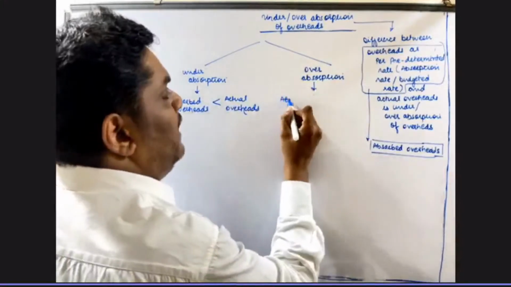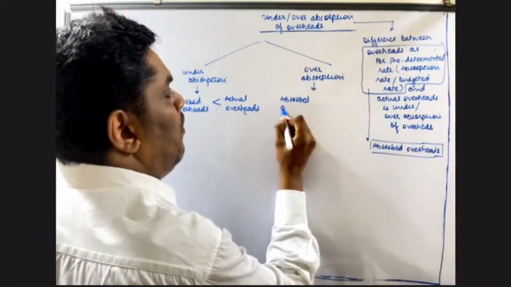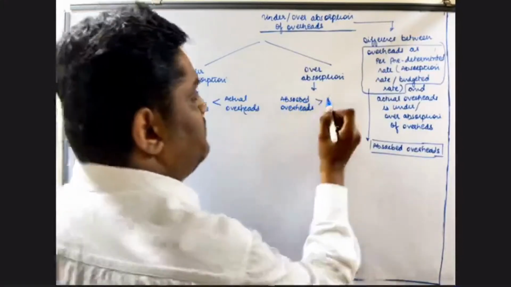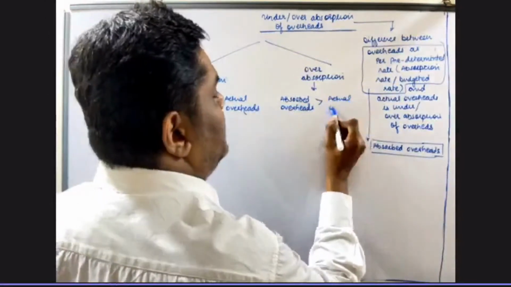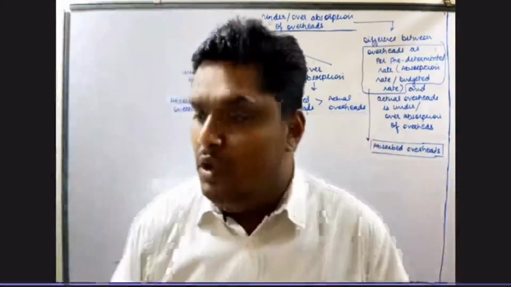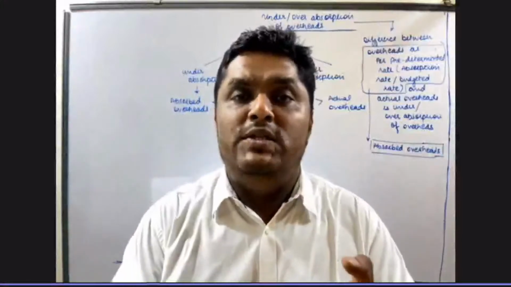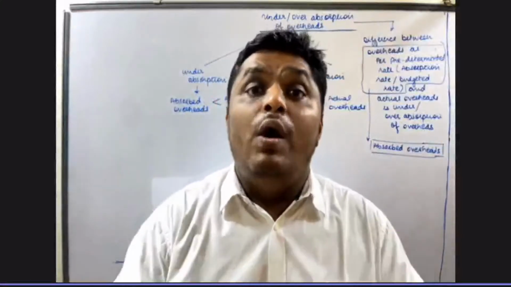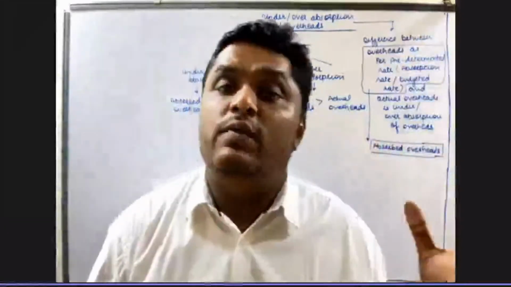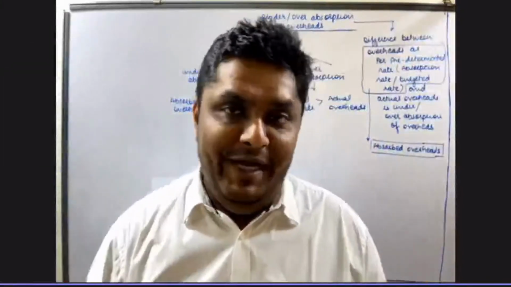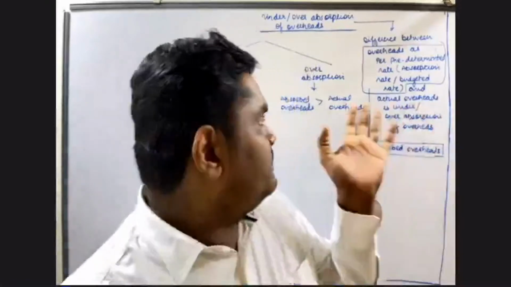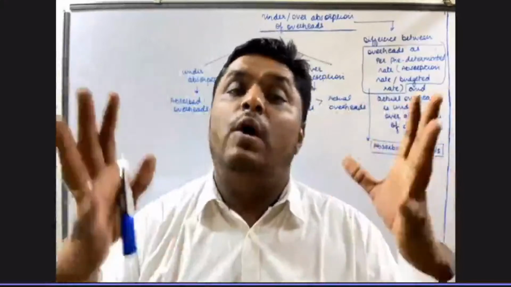Absorbed overheads are more than actual overheads. It is over absorption. So under absorption means absorbed overheads are less. Over absorption means absorbed overheads are more. So this is the way you have to identify what is under absorption or over absorption. I repeat again, when talking about under absorption, it means absorbed overheads are less than actual overheads. When talking about over absorption, absorbed overheads are more than actual overheads.